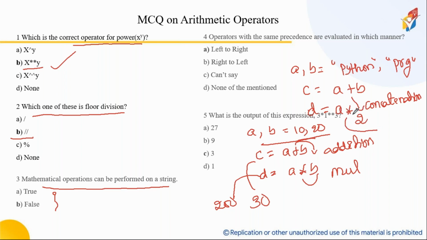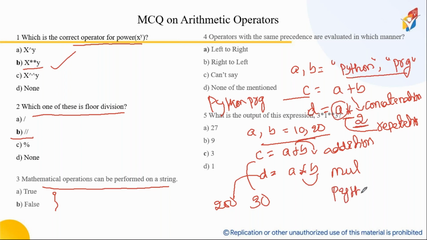This multiplication is not called multiply, it is called repetition. The output will print Python PRG, joining these two strings. Concatenation means joining two strings. Star means replication: whatever value is in a will be repeated 2 times. So it is going to print Python 2 times. This star is called repetition, also called replication.